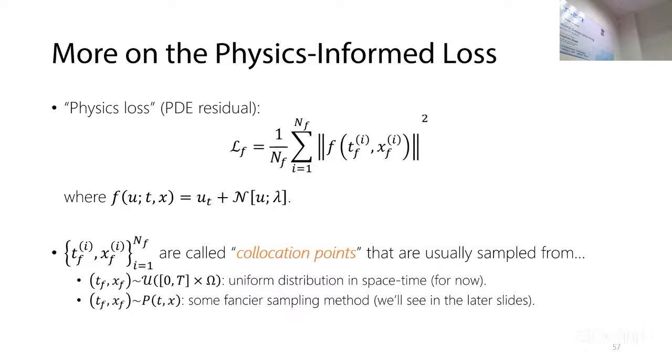For the boundary, it's the same thing. It's a uniform distribution over the Cartesian product of the time interval and the boundary. What that means is, if you have some complex geometry to define the boundary, we're considering that during the uniform sampling.